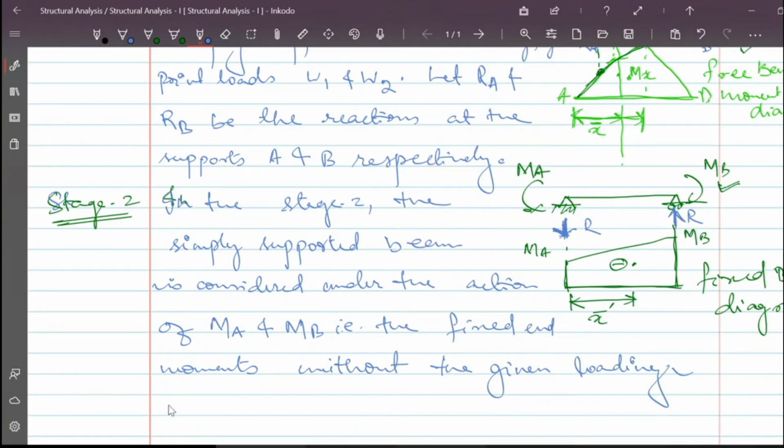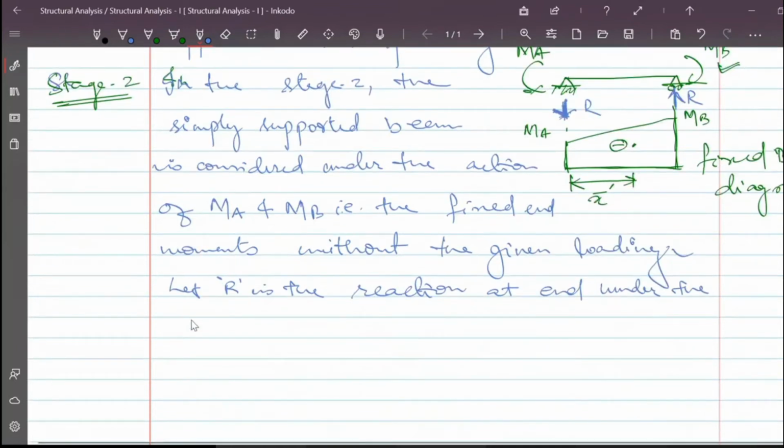So let R be the reaction at end, under the condition that MB is greater than MA.